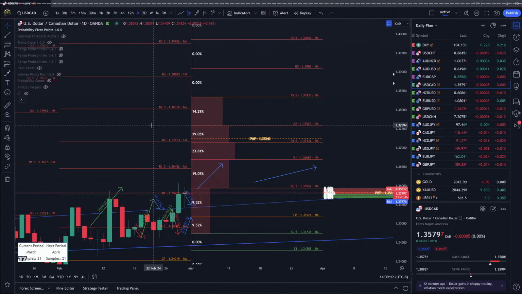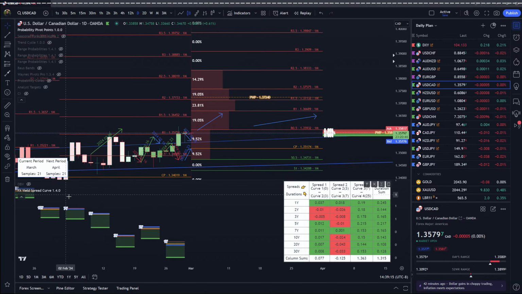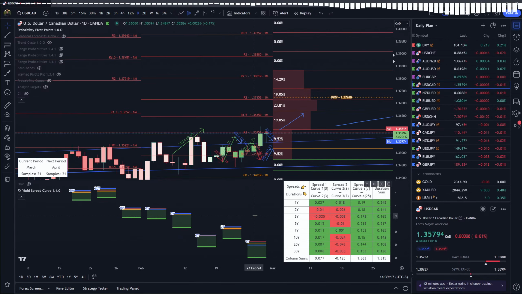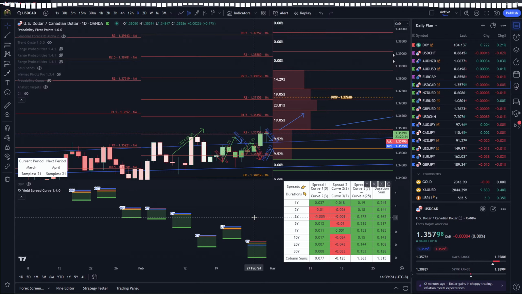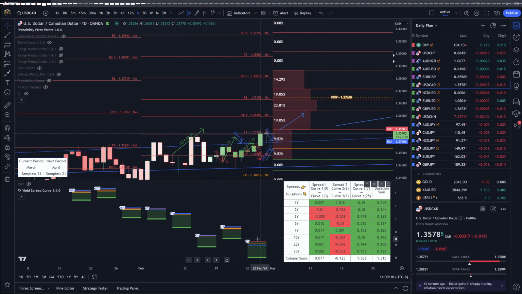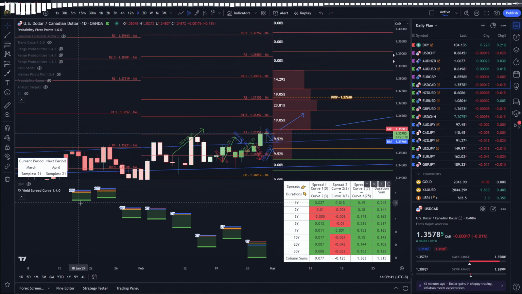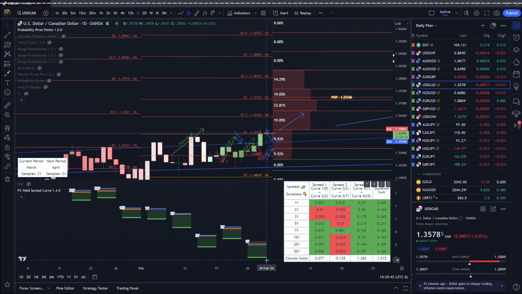And I should probably say that these things here are yield spreads. If you take the difference between the 1-year yield in the United States against the 1-year yield in Canada, that gives you the spread between the 1-year yields for US and Canada. If you do that for all of the available yield durations that you have, you can make something that looks like this.